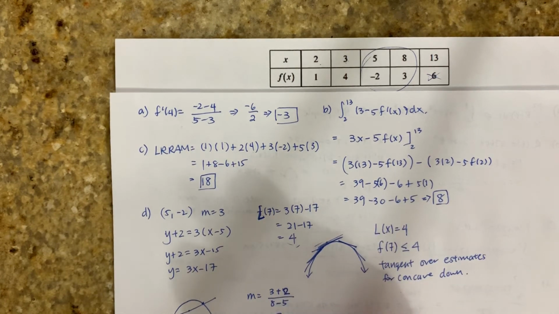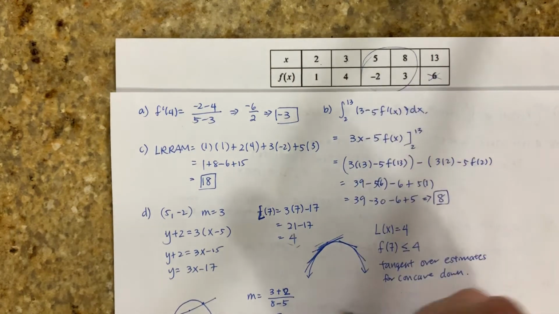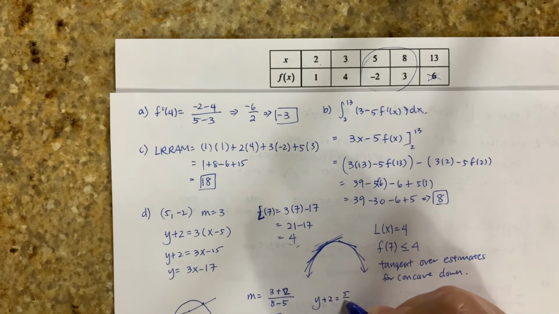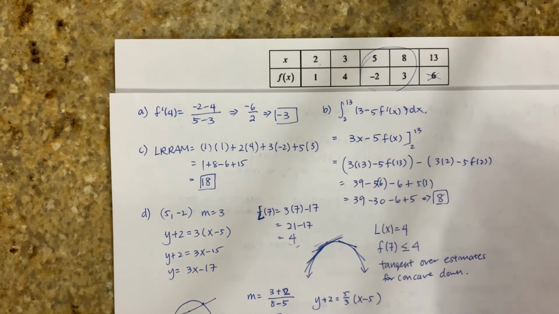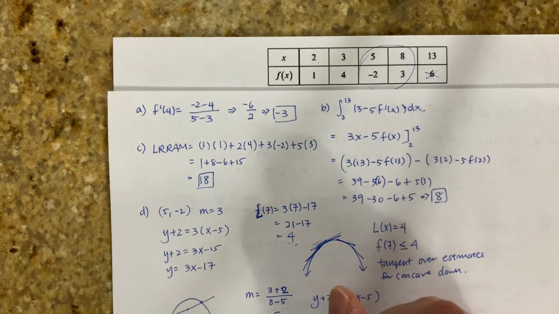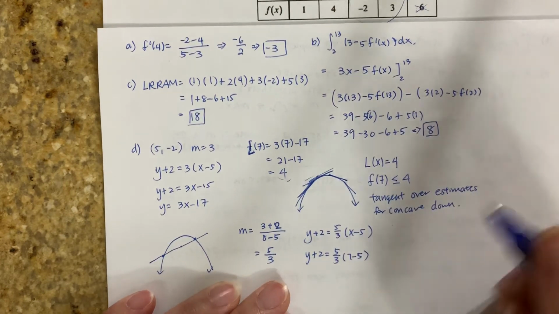That's 5 over 3. Now I'm going to choose any point, just the first point. So y minus negative 2 equals 5/3 times x minus 5. I'm going to plug in 7 to see what my value is. So y plus 2 equals 5 over 3 times 7 minus 5.